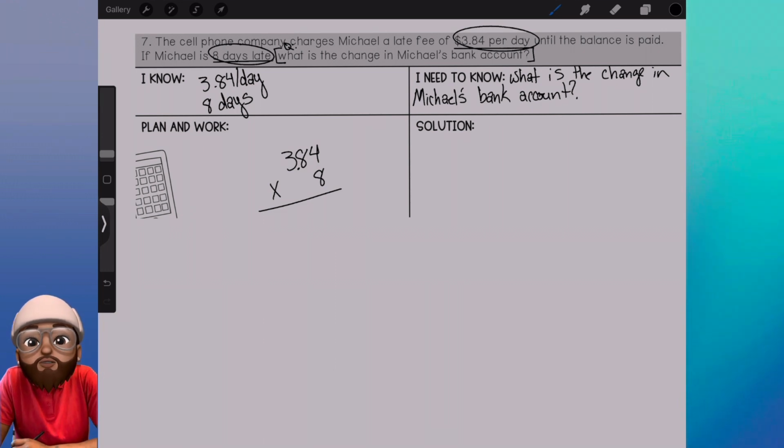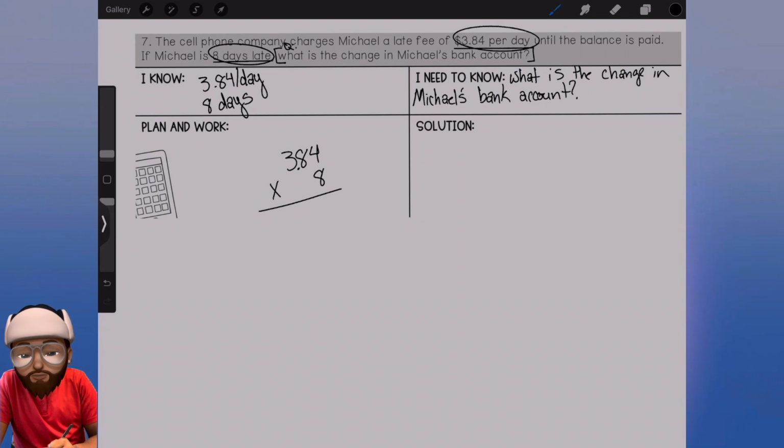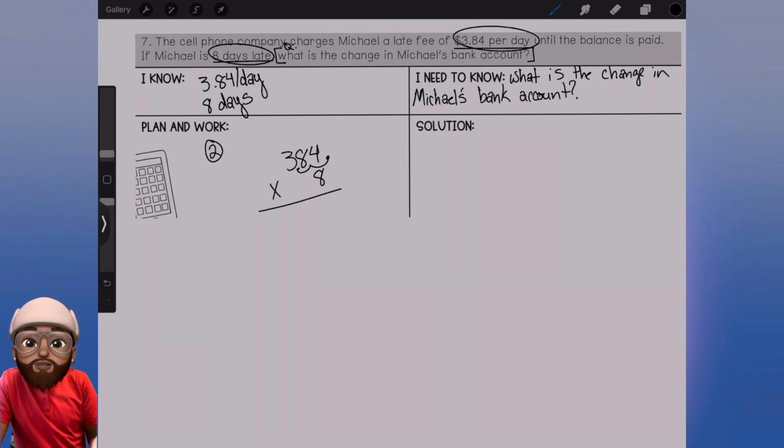So let's go through the steps that we went through in our guided lesson. So first thing we need to do is move the decimal over to turn both of the numbers into integers. Let's do that now. Move it over once and twice. The decimal goes right there. And let's record the number of times we move the decimal. 2. The reason why we write 2 is because the bottom number down here did not have a decimal with it, so we don't have to worry about moving it.